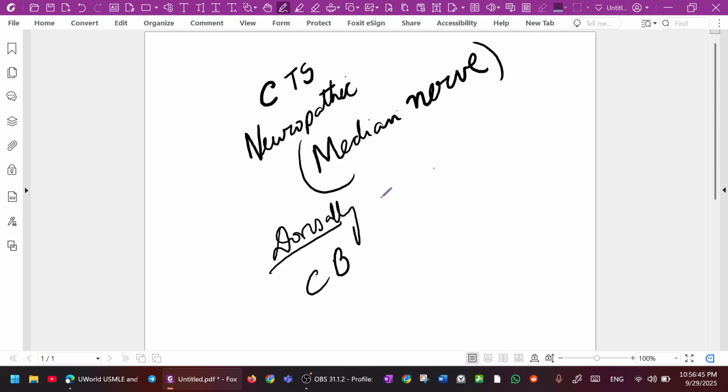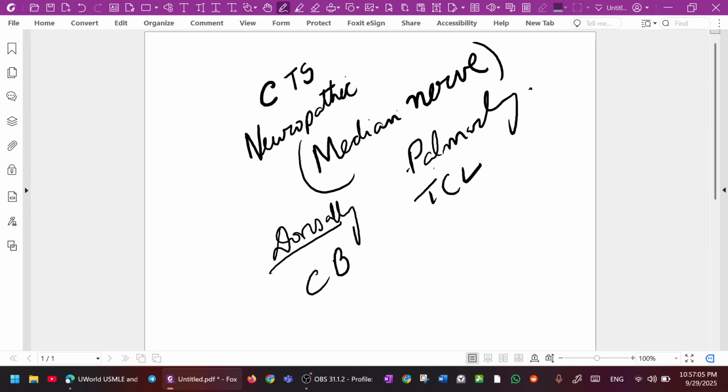So dorsally carpal bones and transverse carpal ligament on the palmar aspect. It is a very common compressive neuropathy.